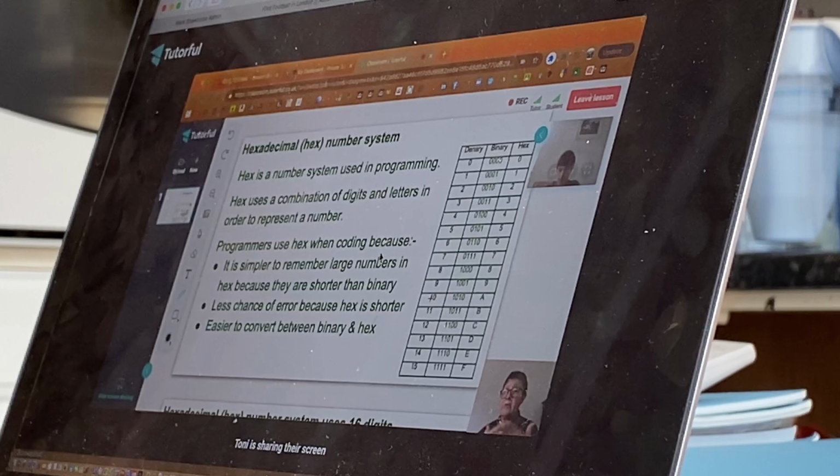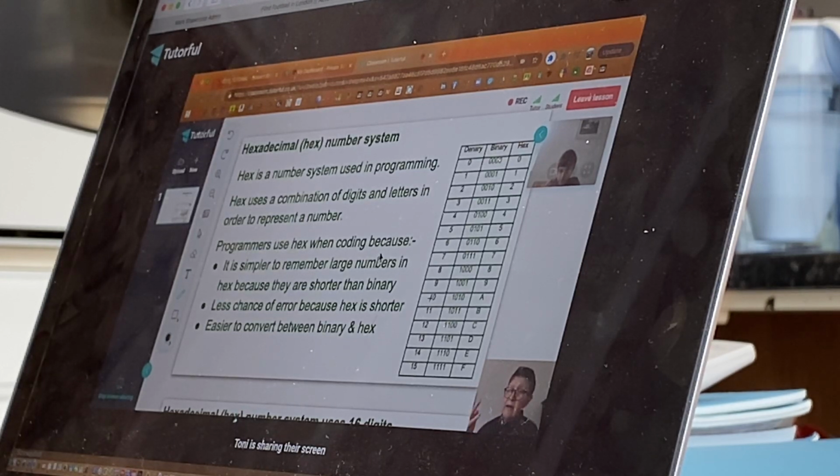Now, the thing you need to remember is you can't immediately turn decimal into hexadecimal. You can't immediately turn hexadecimal into decimal either. So you always have to change the decimal to binary and then to hex. Now that makes it quite complicated if you're sitting in an exam.